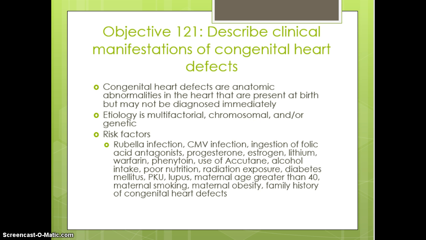Congenital heart defects: risk factors are related to TORCH infections, use of different types of medications, obesity, and family history of defects. The etiology can be chromosomal, genetic, or a combination of both.